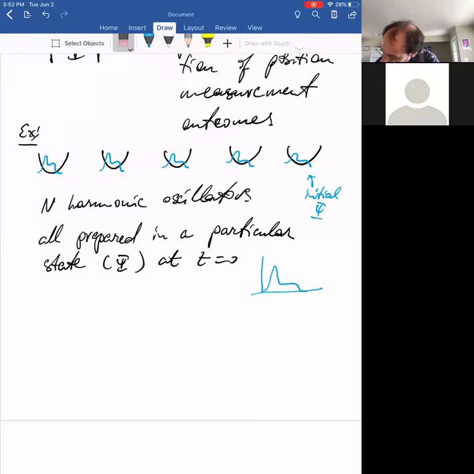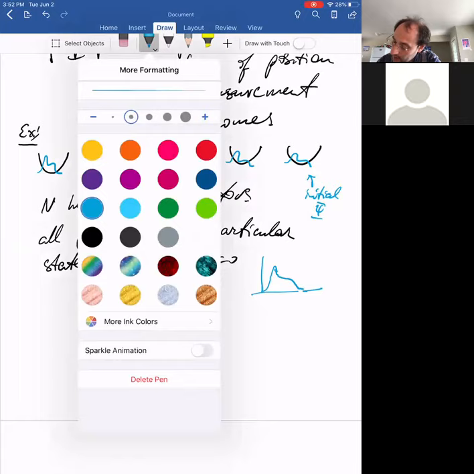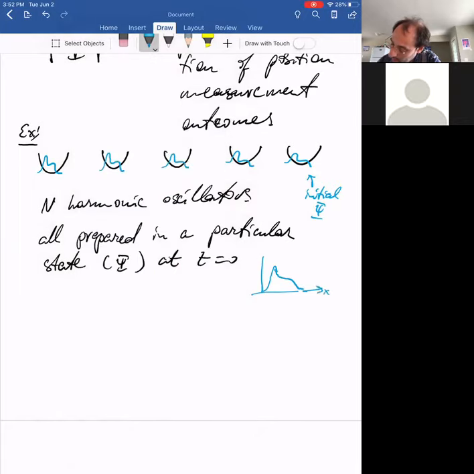So what happens after is that the wave function evolves in accordance to the Schrödinger's equation. I know the wave function is complex. I'm just symbolically drawing the wave function.